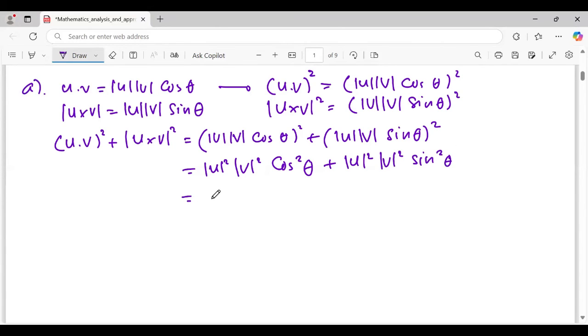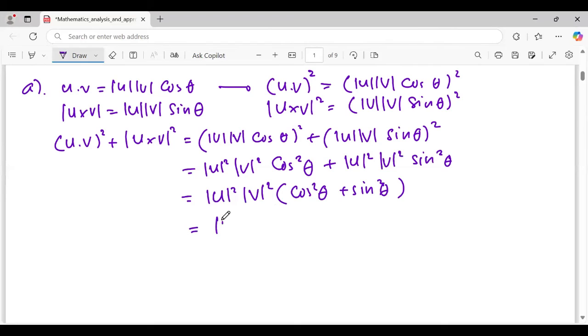We can factorize to modulus u squared modulus v squared times (cosine squared theta plus sine squared theta). According to the trigonometric identity, cosine squared theta plus sine squared theta equals 1.